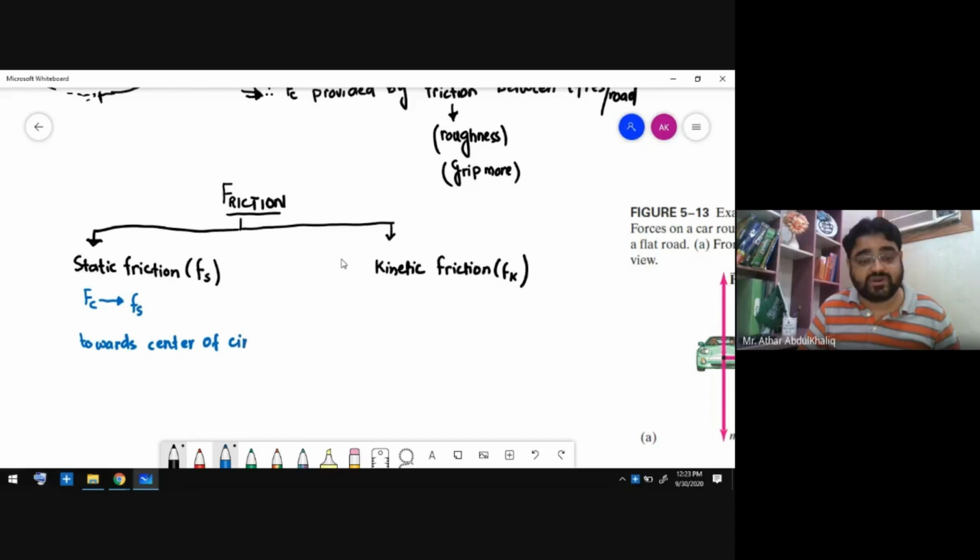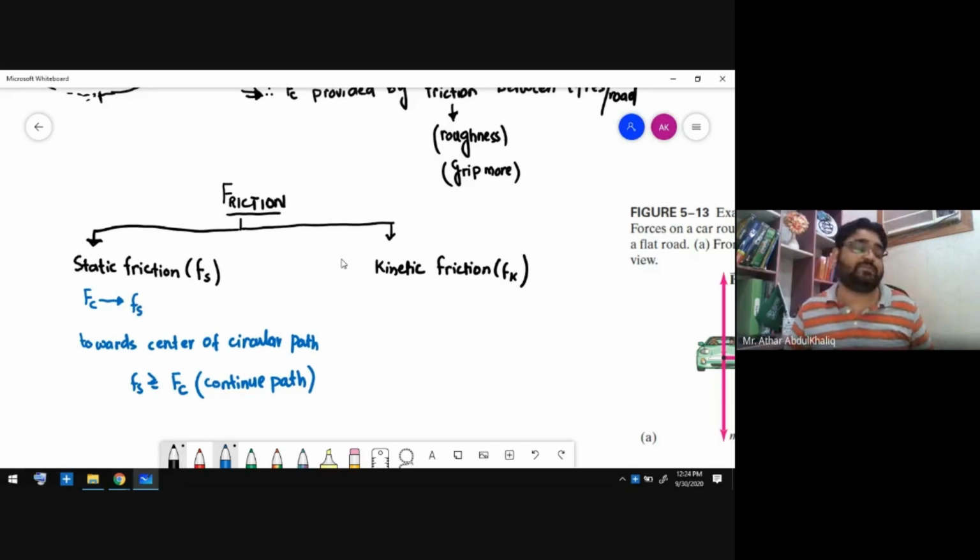If it is equal to or greater than the centripetal force, then the car will continue on the curved path. If it is less than the centripetal force, the car will not continue.